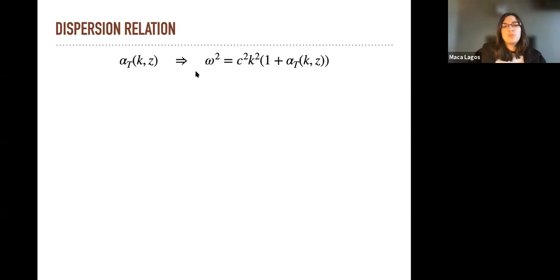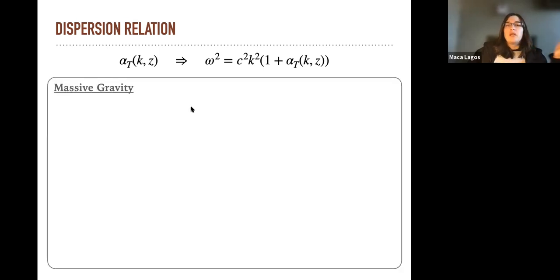But just to get some intuition on what a modified dispersion relation can cause, let's do a simple toy situation: what would happen if we didn't have interactions with additional fields, we didn't have any modified friction, but we do have a non-zero alpha t parameter that could depend on the wave number k, on time or redshift z, so that you have a modified dispersion relation like this one, where omega is the energy of the wave.